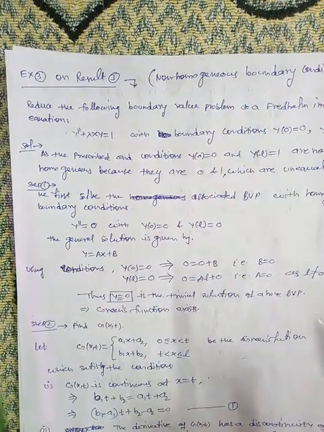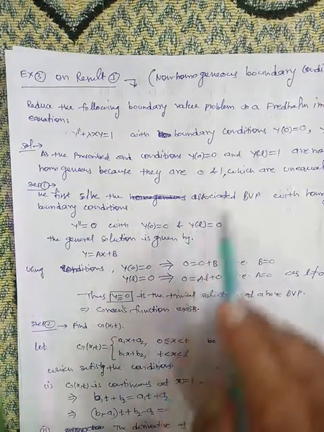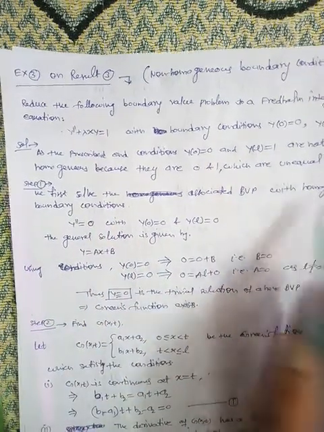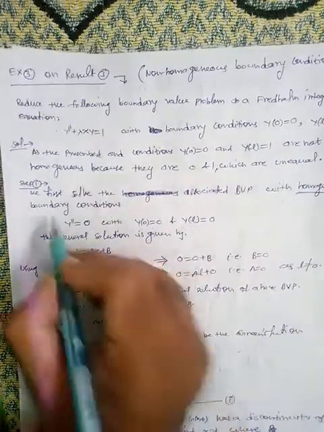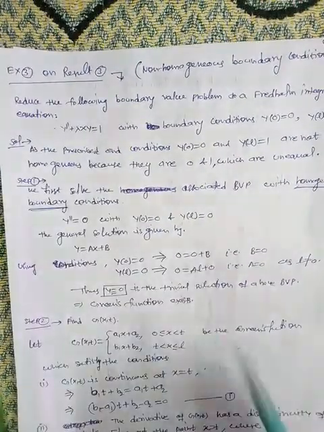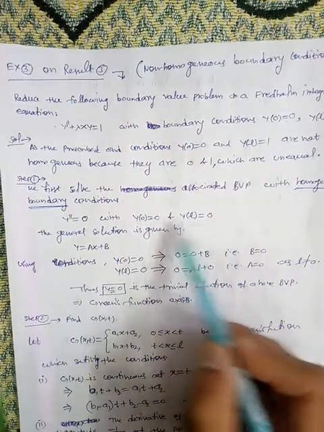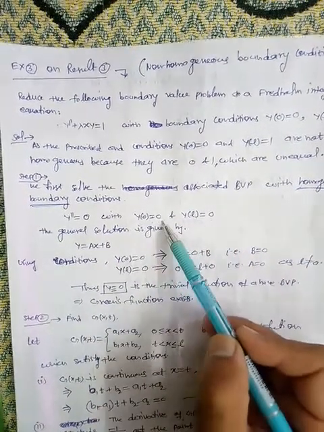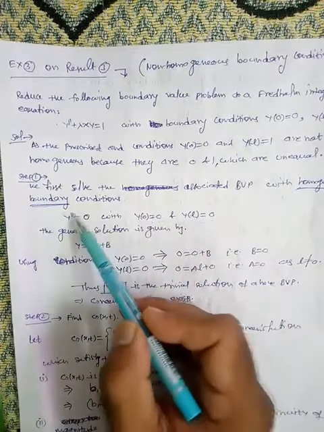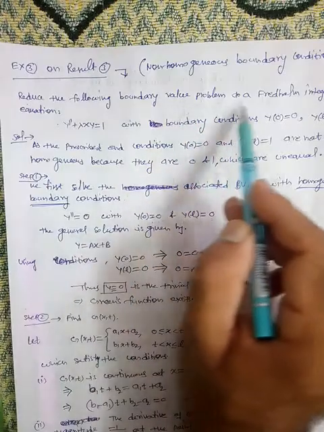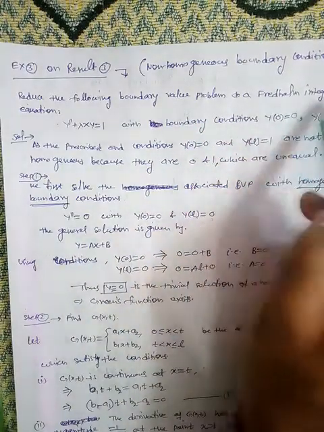Okay. So now to solve this, as we did earlier, we will first solve the associated boundary value problem with homogeneous boundary conditions. What does homogeneous mean? Both should be equal, so we take 0 and 0: y at 0 is 0, y at L is 0, and here y double dash, because our target is to reduce the following boundary value problem to a Fredholm integral equation.